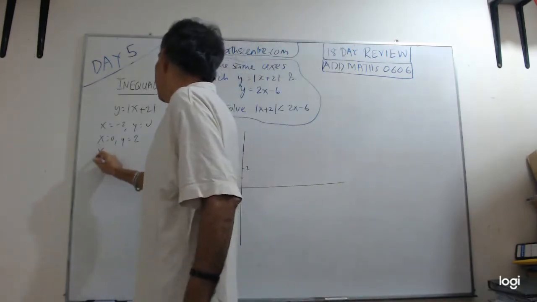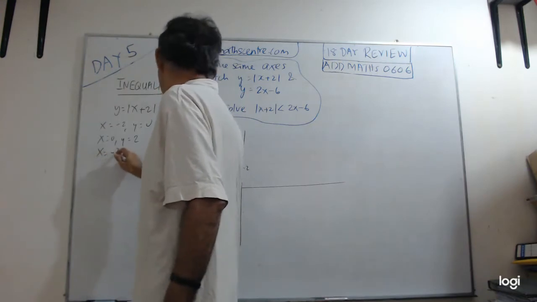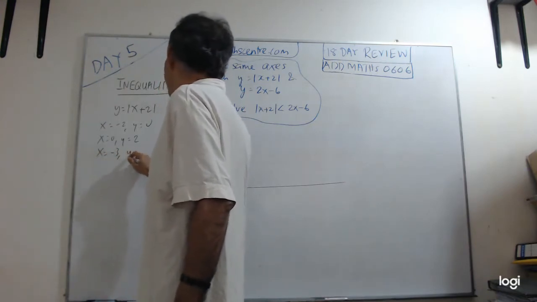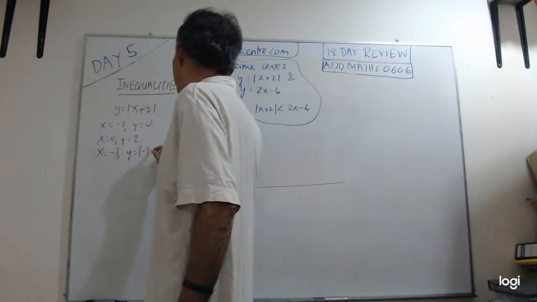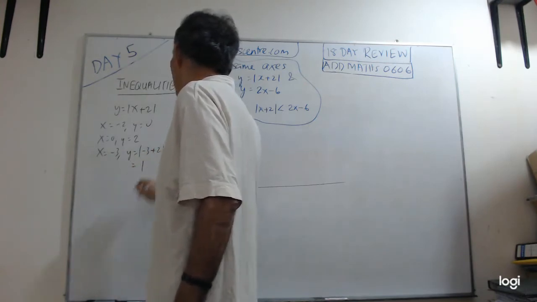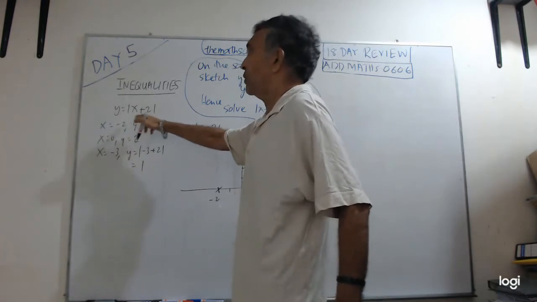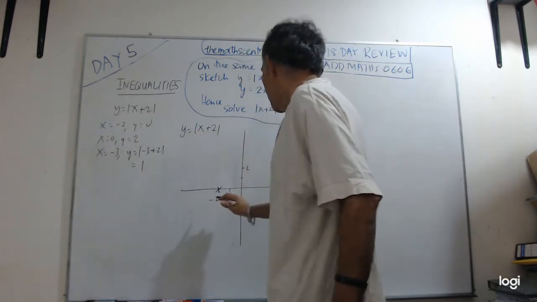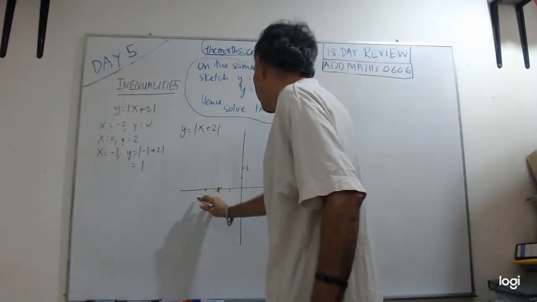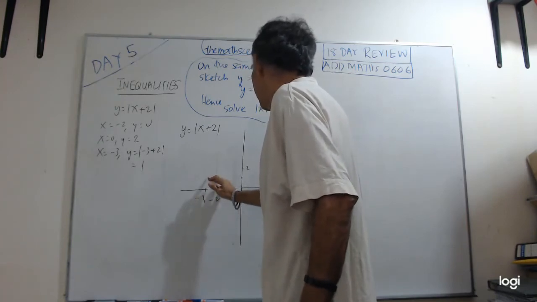And let's say when x is minus 3, you plug in minus 3 plus 2, which is minus 1. The modulus of minus 1 is 1. So I have 1 point here.